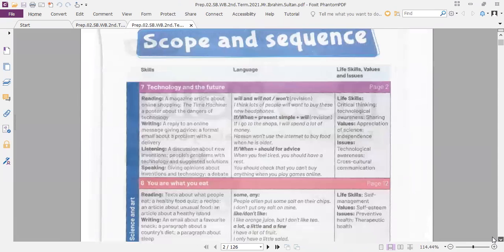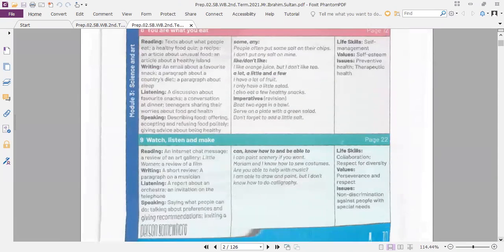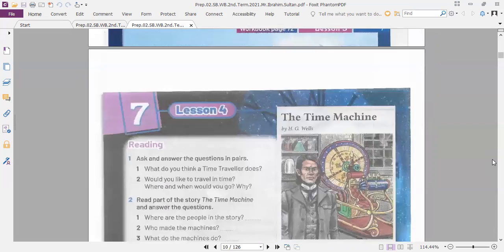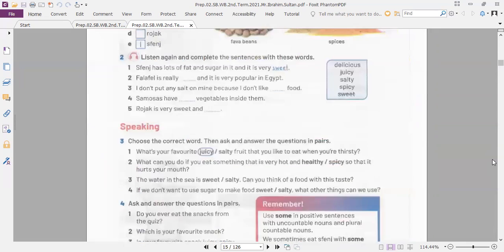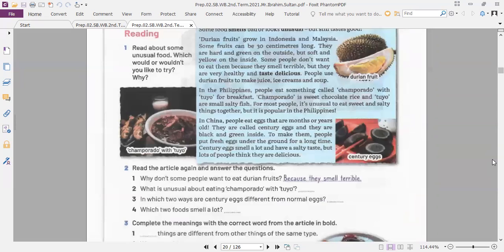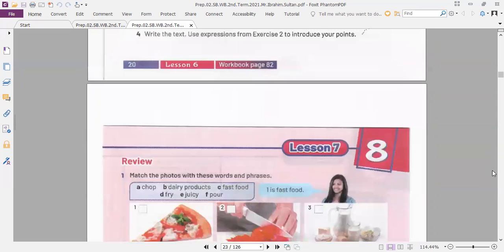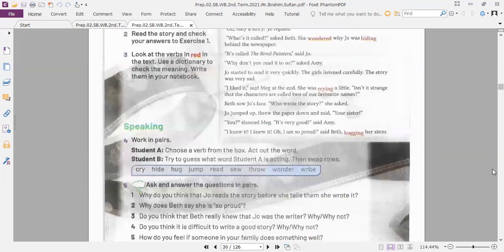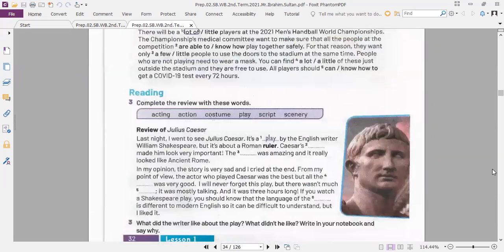Okay, today we are going to explain unit 12. Unit 12 is the last unit.